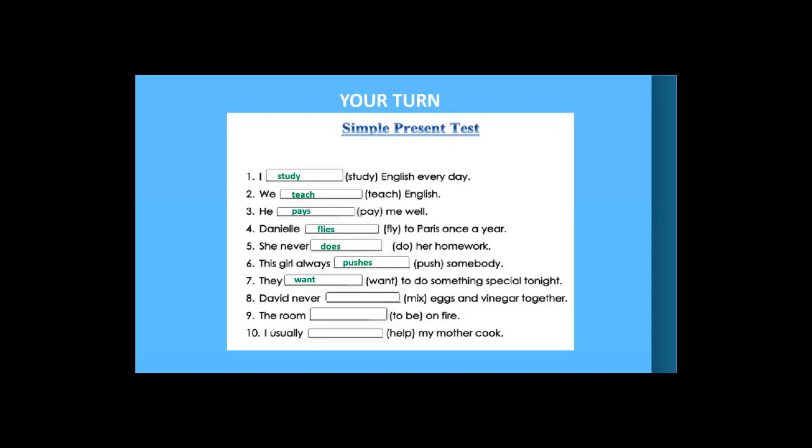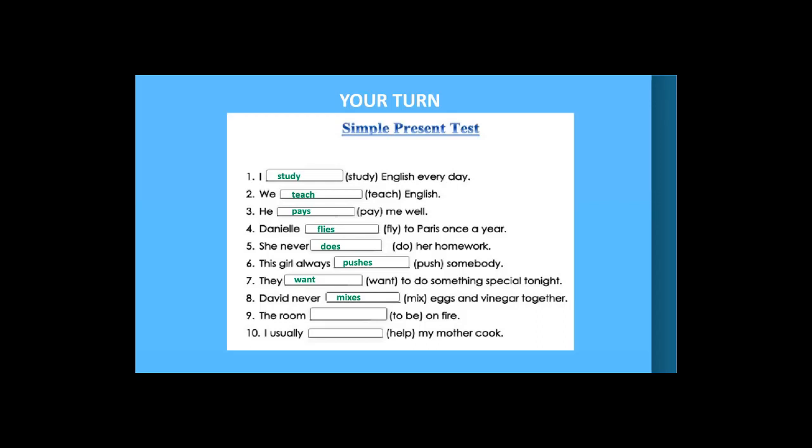Next one, number 8, the subject is David. Okay, David never, which means frequency adverb there. David, third person singular. And the verb mix, ending with an X. So, well done. So David never mixes eggs and vinegar together.